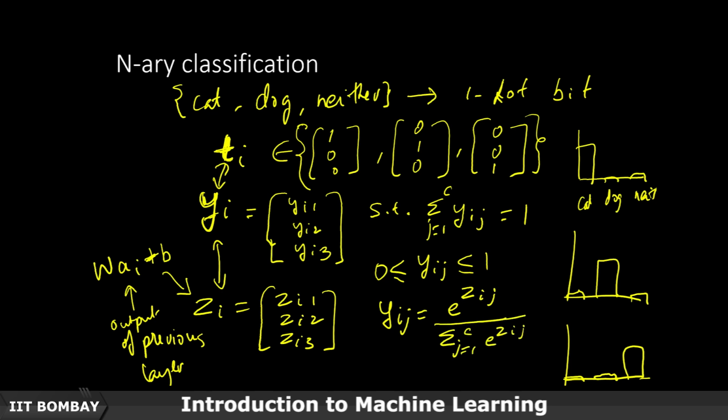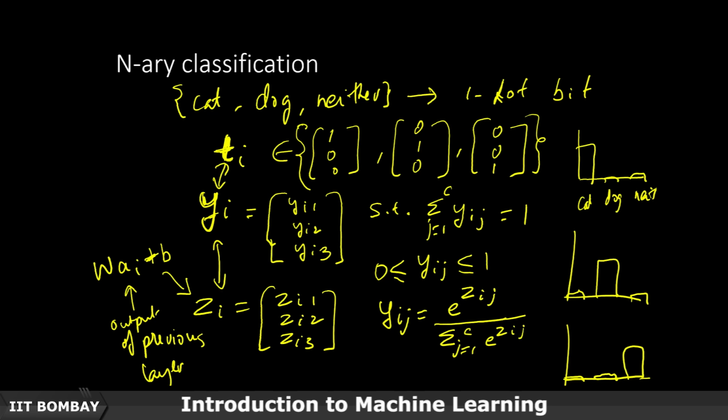What this means is that for the ith input, we are going to compute a probability mass function which is C dimensional. C is the number of classes; here it is a 3 dimensional output, and all the numbers are going to add up to 1. How? We normalize everything by dividing by the sum of all the numbers, which is the denominator here, and in the numerator we have e to the power of the previous activation for only that class.